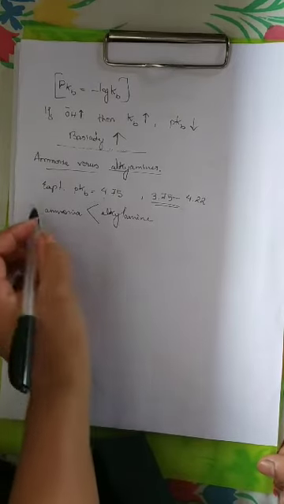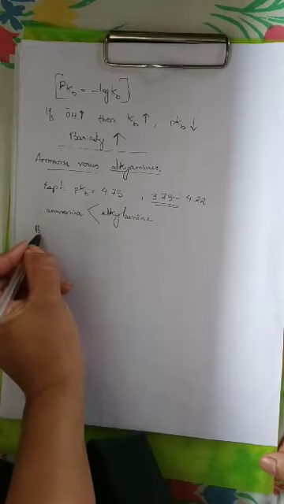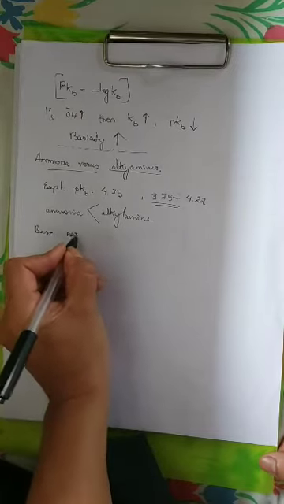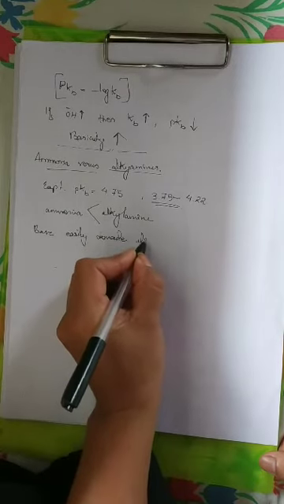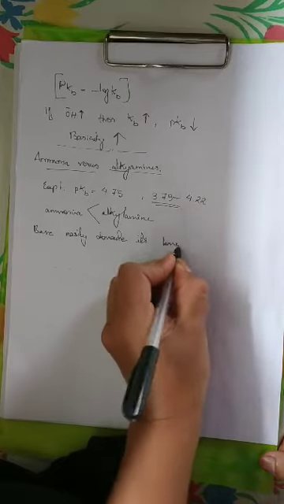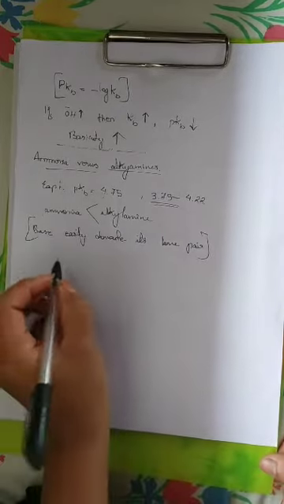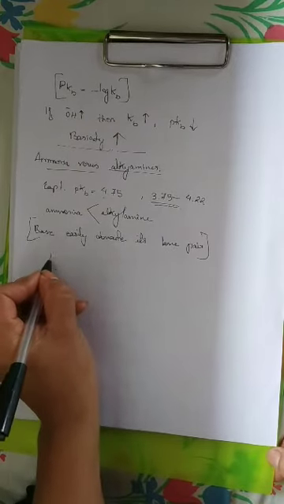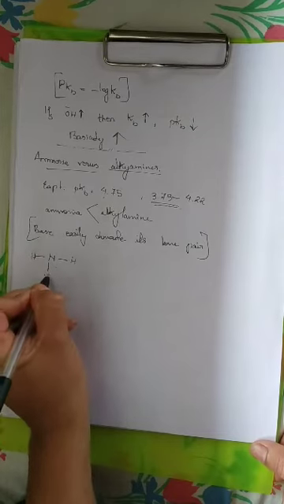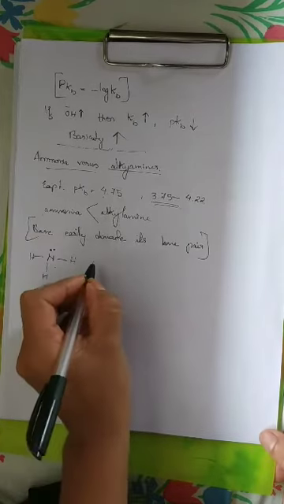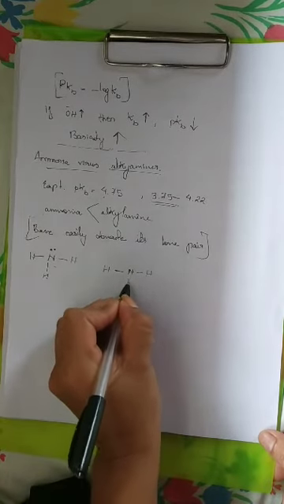Now this can be explained on the basis of lone pair donation. We know that a base easily donates its lone pair. Keeping this in mind, here is our ammonia molecule, and this is our alkyl amine.